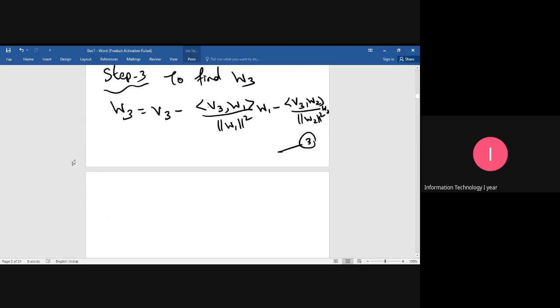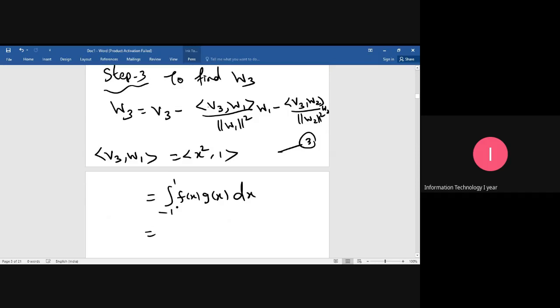Okay, calculate the inner product of V3 comma W1 now. V1 is 1, V2 is x, V3 is x square, and W1 we have taken is 1. So calculate the inner product of x square comma 1. By the definition given in the question, it is the integral from minus 1 to 1 of f of x into g of x dx.